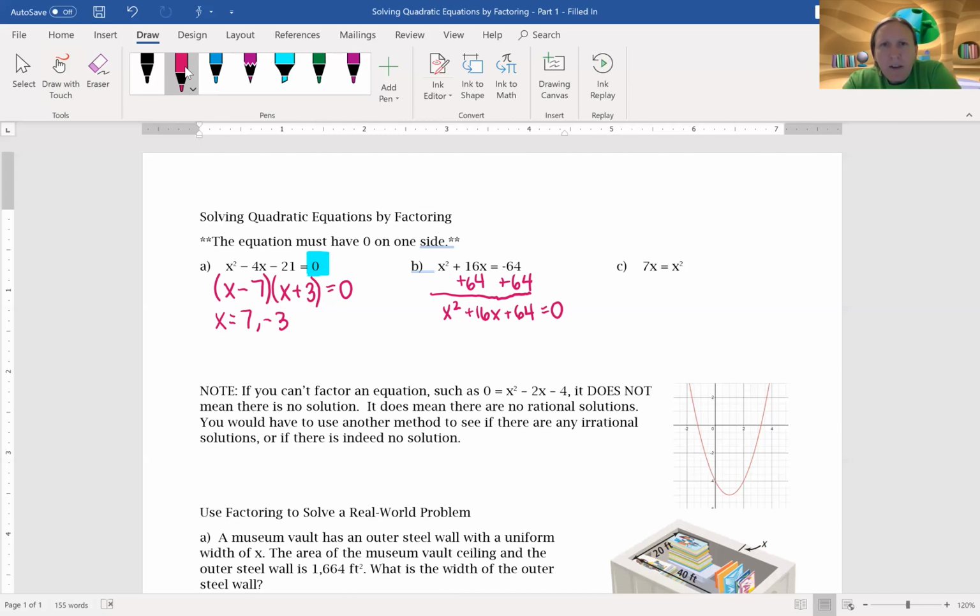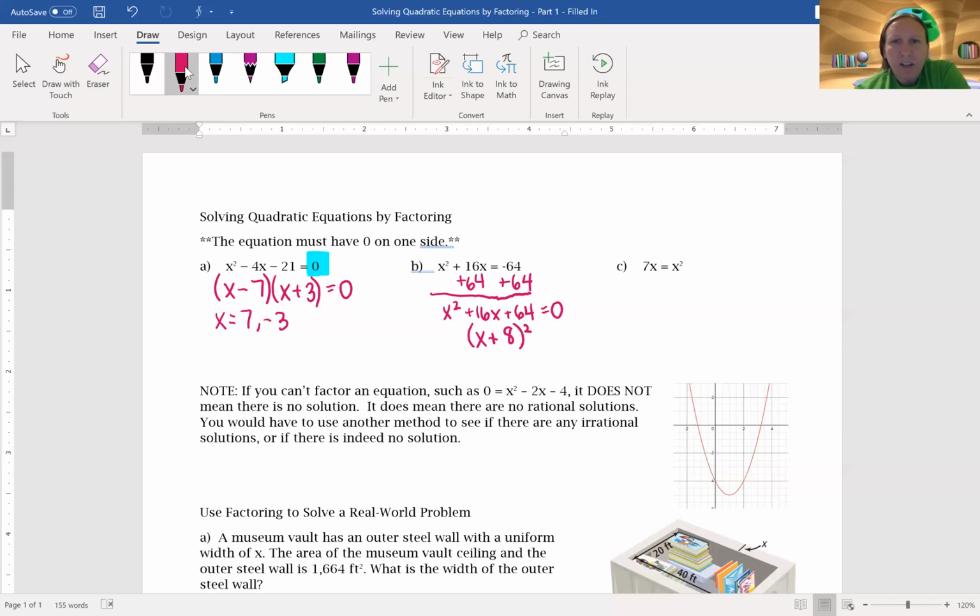I should check to see if there's a GCF. There is none. And I'm looking at this and I notice that this is a square of a binomial. Or really I'm dealing with a perfect square trinomial, which leads into factoring it into a square of a binomial. Because I see x squared is a perfect square, 64 is a perfect square, so I'm thinking it should be x plus 8 squared.